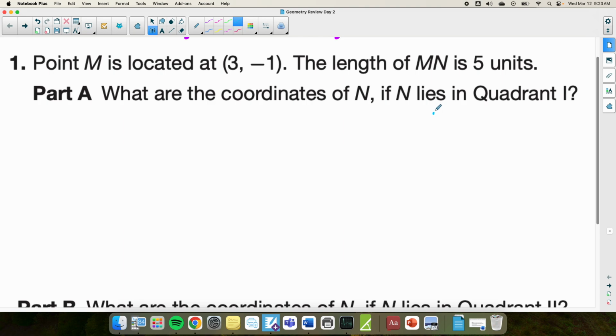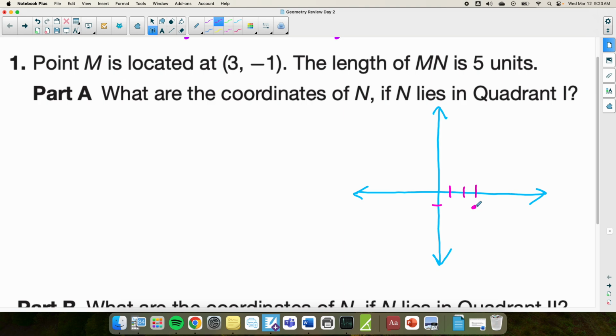All right, so one of the ways that you can do a question like this is you can draw a graph, okay? And what this is asking us for is point M is at 3, -1 right here. It says the length from M to N is 5 units.